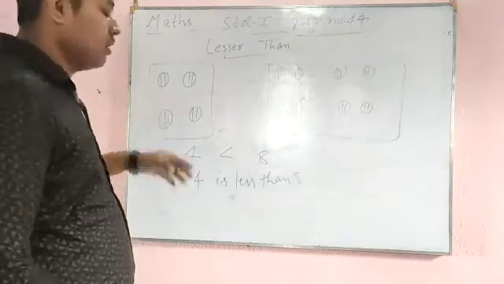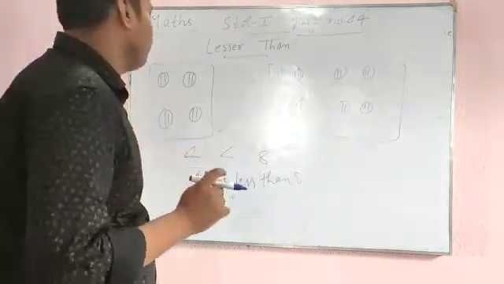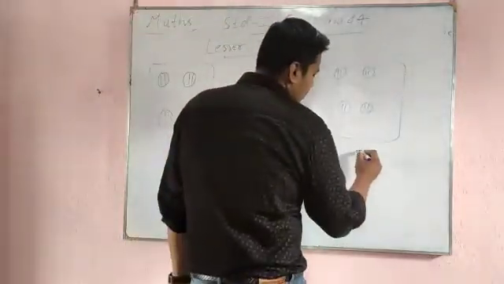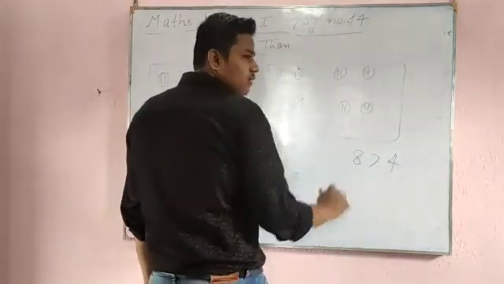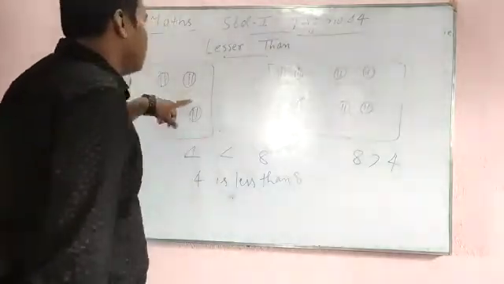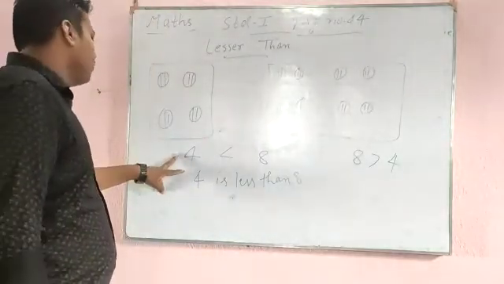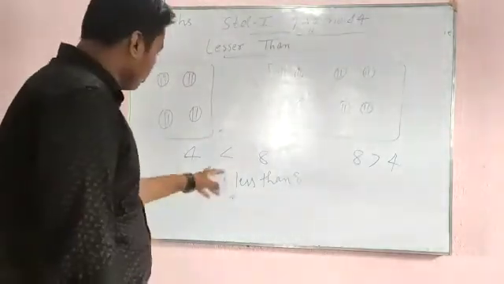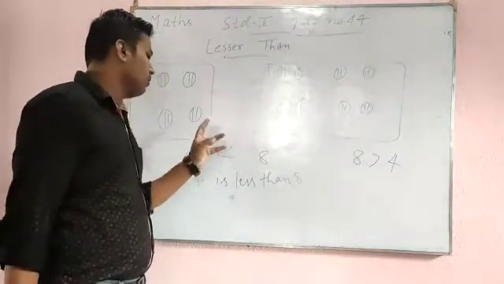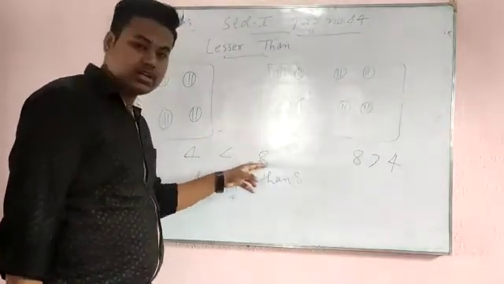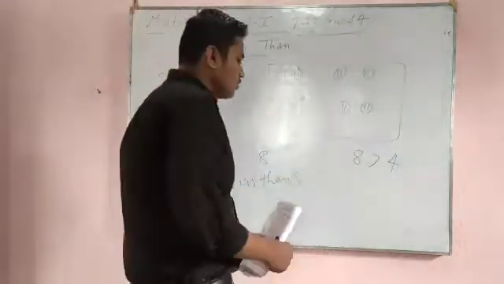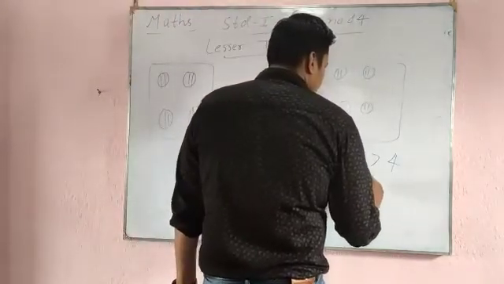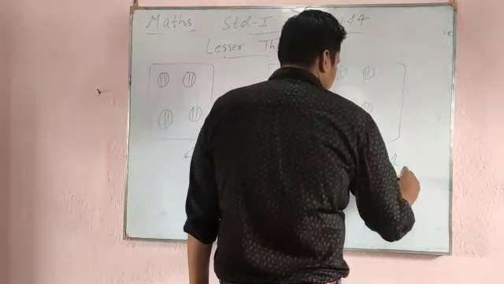On page number 42 we have seen that if some number is greater, then we write like that. It shows that 8 is greater than 4. But when it comes to lesser than, it shows here that 4 is less than 8 because the sign is along the 8, not along the 4. That's why it shows that 4 is less than 8. In this, it shows 8 is greater than 4.